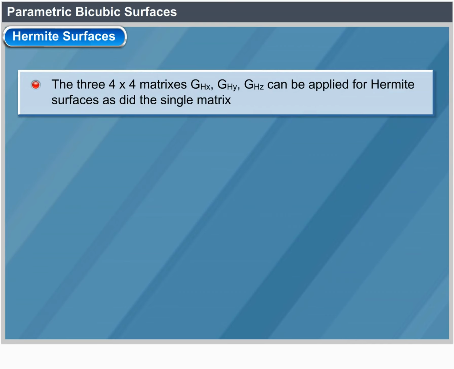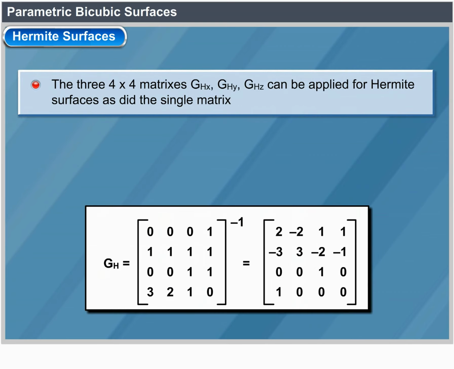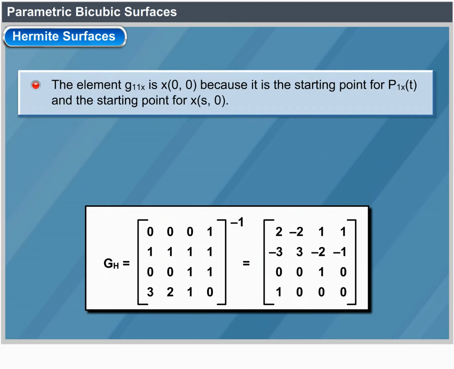The three 4x4 matrices G_Hx, G_Hy, G_Hz play the same role for Hermite surfaces as did the single matrix G_H for curves. The element G11x is x(0, 0) because it is a starting point for P1x(t), which is in turn the starting point for x(s, 0).